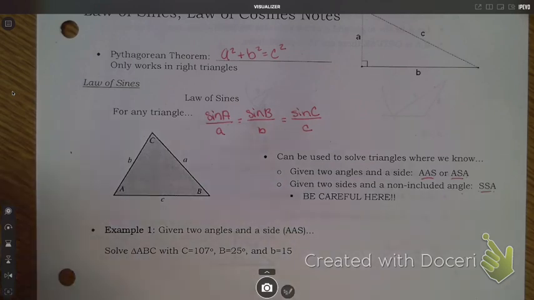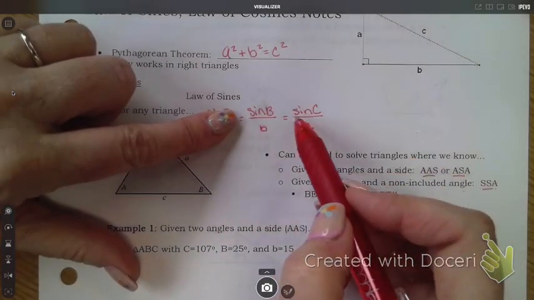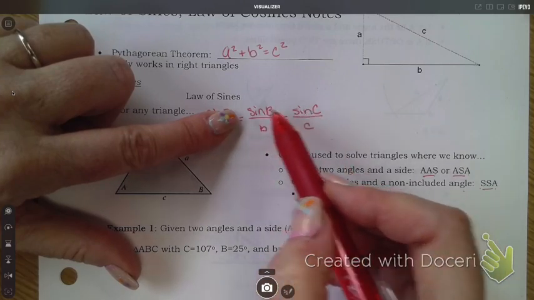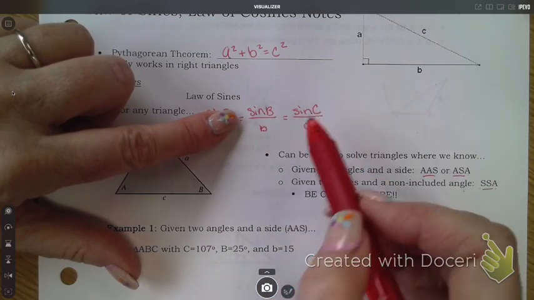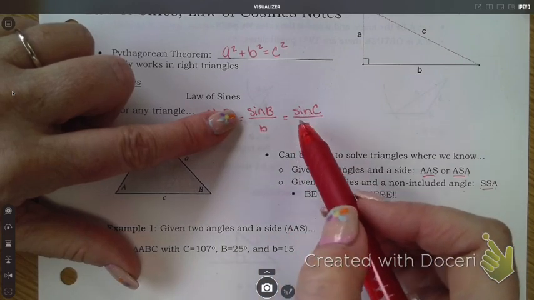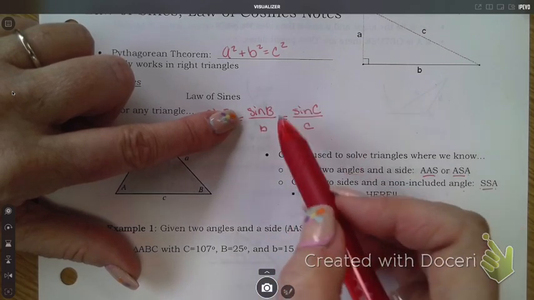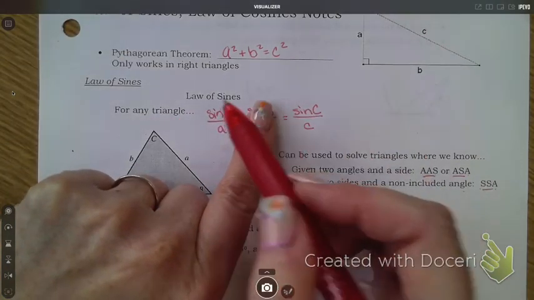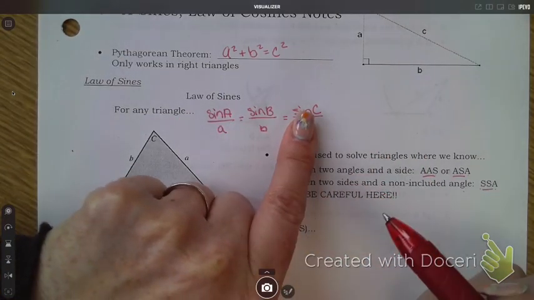No. I could cover up one as long as I have 3 parts of these. There's 4 pieces of information here: angle B, angle C, side B, and side C. As long as I had 3 of those 4, I could find the other one. The same if I covered up any other piece.